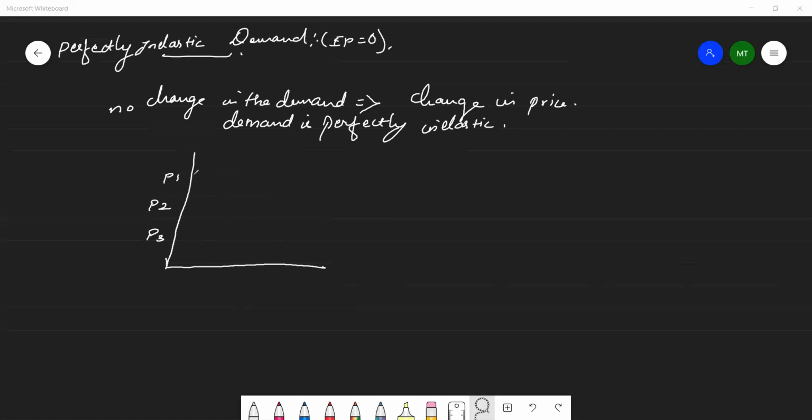This is our demand curve D, with EP equal to 0. The x-axis shows quantity demanded.